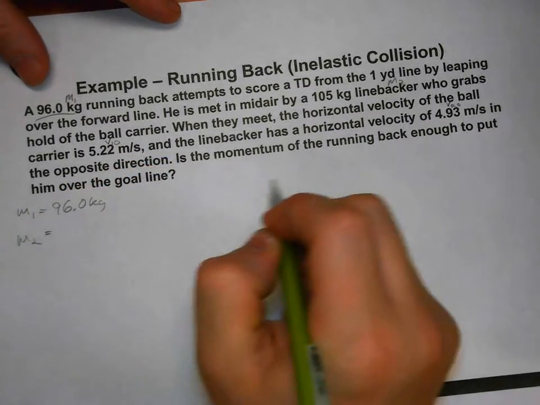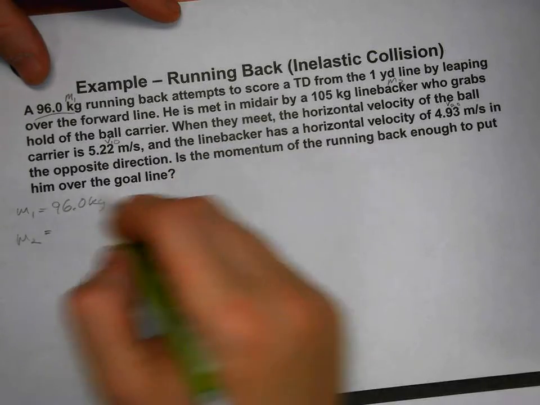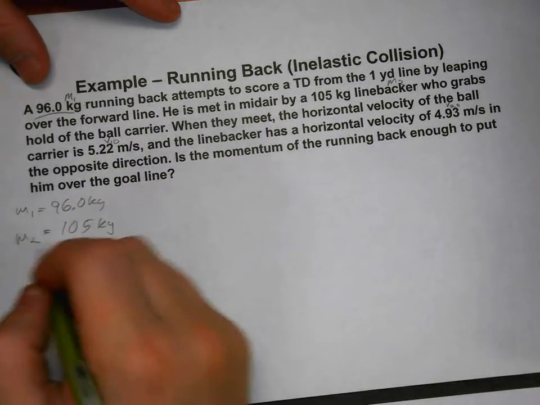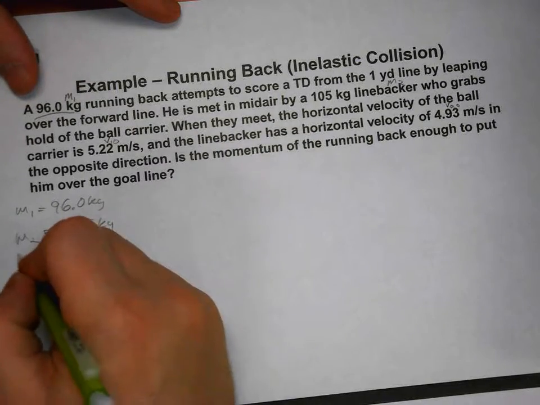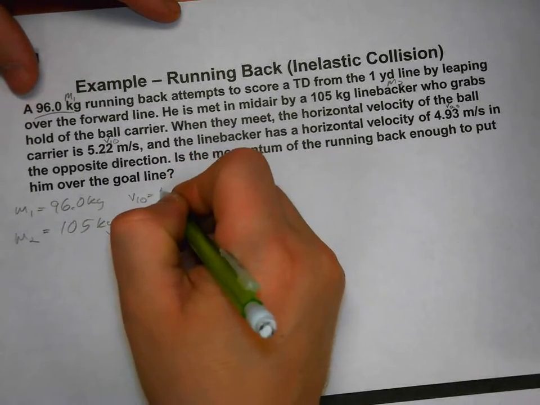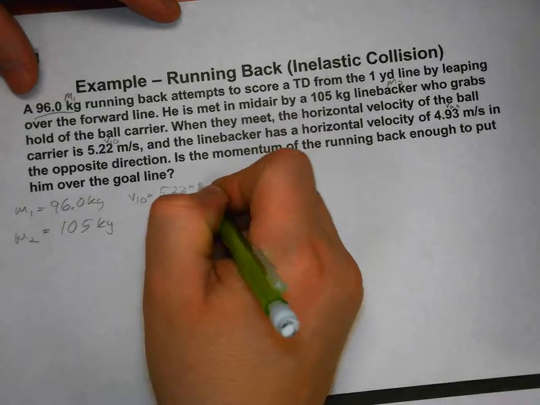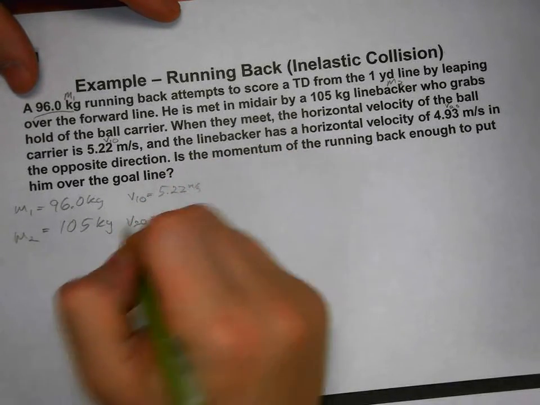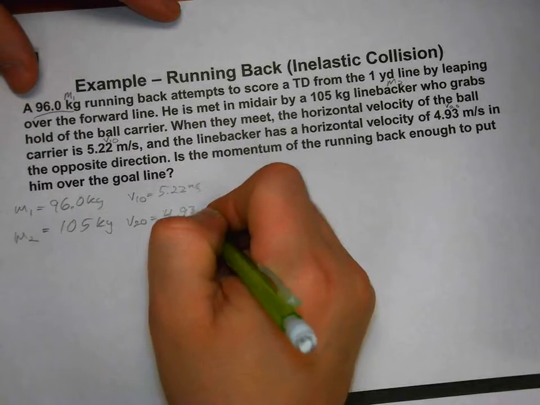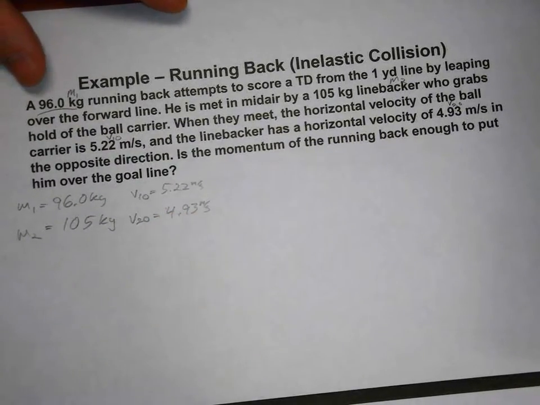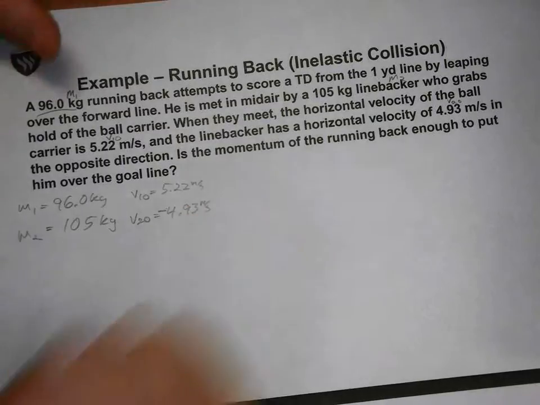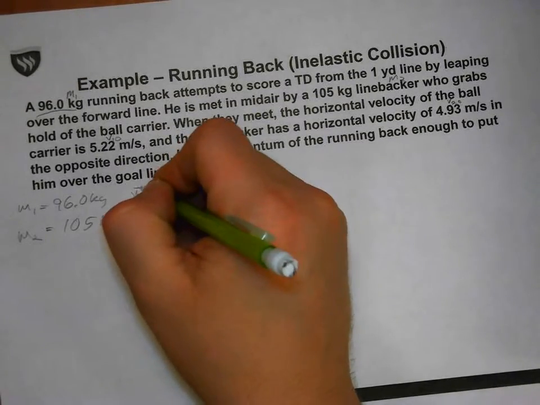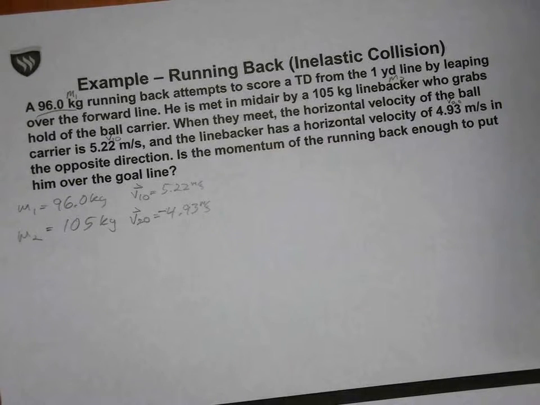M2 equals 105 kilograms. V10 equals 5.22 meters per second. V20 equals 4.93 meters per second, but in the opposite direction, so I'm going to put a negative in there. So I guess this would technically need a vector bar here.